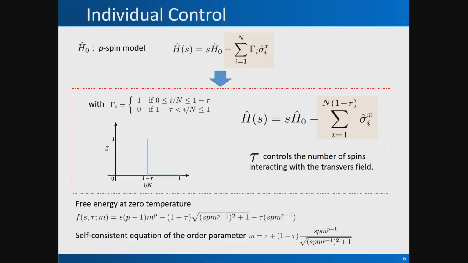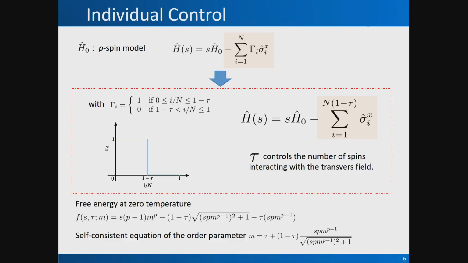The important point is tau. The parameter tau controls the number of spins interacting with the transverse field. We can control tau from 0 to 1. Finally, when we set tau equal to 1, we completely switch off the transverse field.